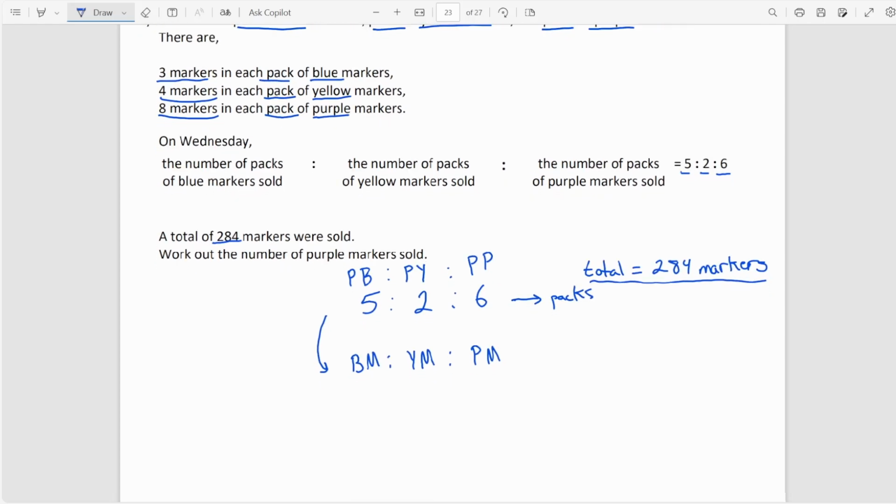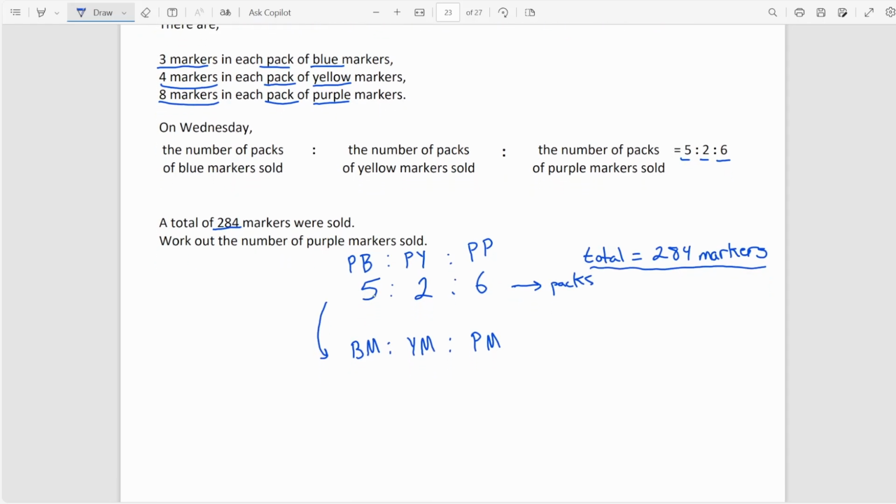How will I do that? Well, if I sold 5 packs of blue markers, and I know from the question that each pack of blue markers has 3 markers, so if I sell 5 packs, how many markers did I sell? It's going to be 5 times 3, and we get 15.